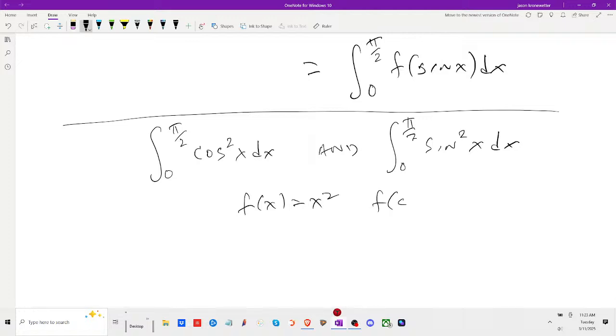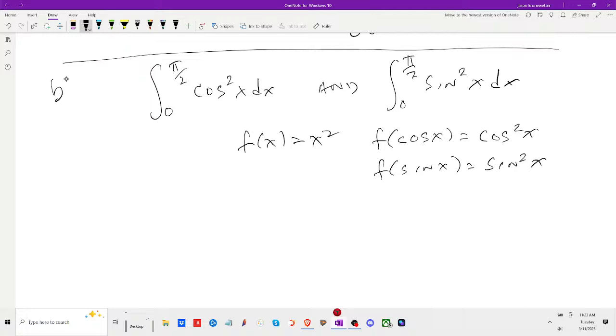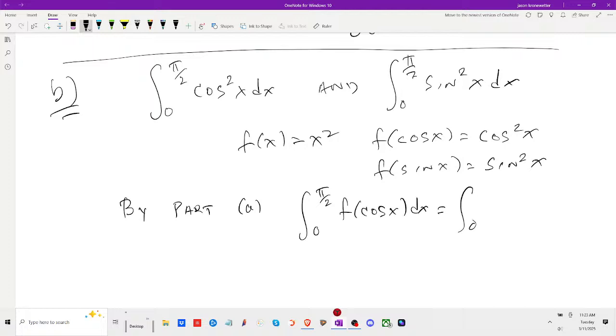So f of cosine x equals cosine squared x, and f of sine x is equal to sine squared x. According to part A, we have the integral from 0 to pi over 2 of f of cosine x dx equals the integral from 0 to pi over 2 of f of sine x dx.